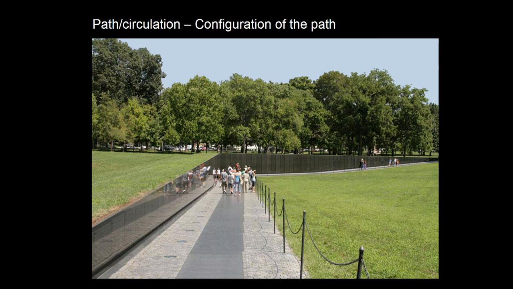All right, but that one essentially is a long V, and each leg of the V points at the Lincoln Memorial, at Lincoln himself, or the other leg points straight at the Washington Monument. So as you're walking up this way, you see right at the end of the axis is the Washington Monument, and it's reflected in the wall as you walk up. Same thing when you come this way, you're looking right at the Lincoln Memorial.